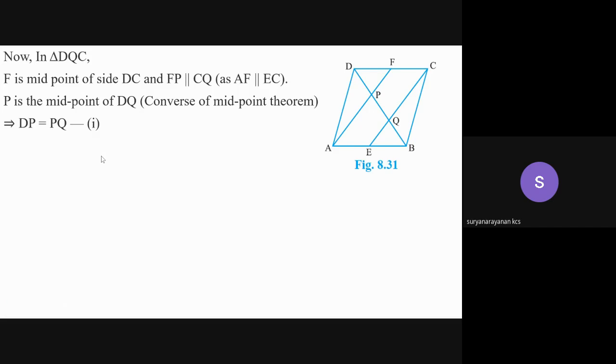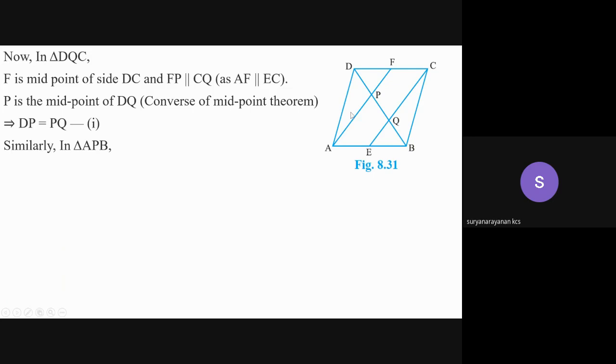Okay, my children. Similarly, let us take another triangle, that is triangle APB. In this triangle APB, observe this triangle.